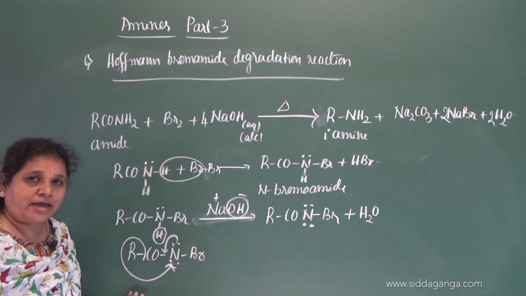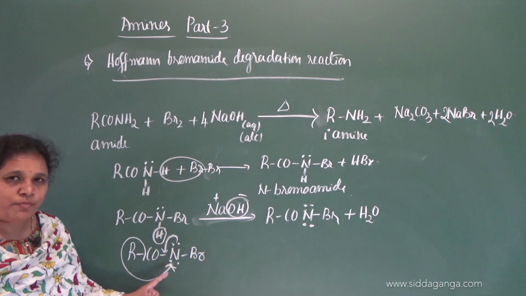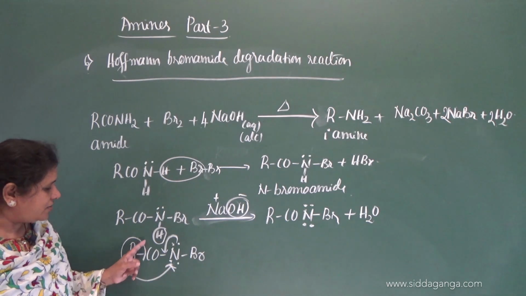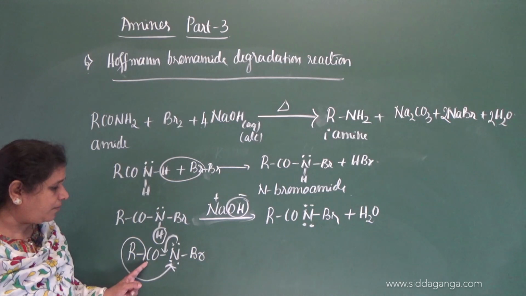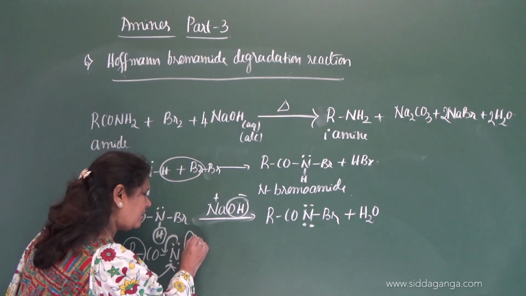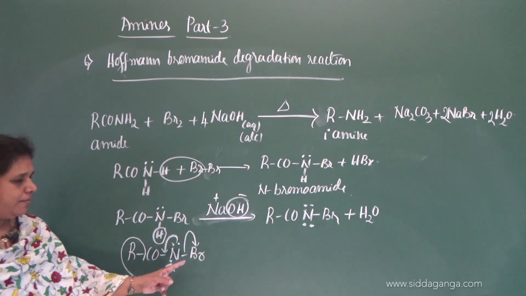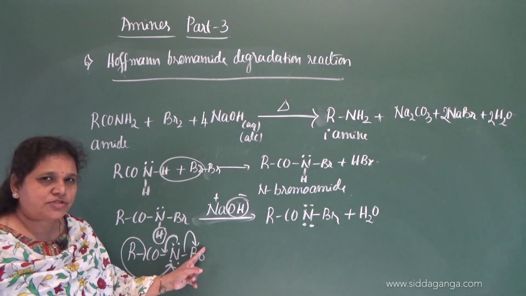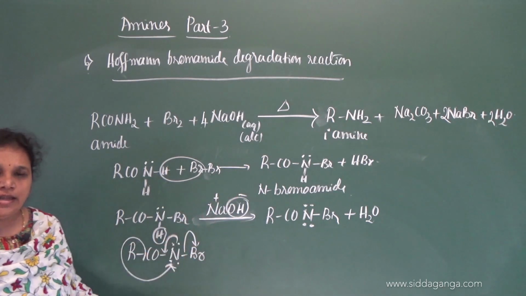Already nitrogen contains two lone pairs of electrons, and the migration of this alkyl group along with the bond takes place from carbonyl carbon to nitrogen, and simultaneous displacement of the bond takes place on the bromine, and bromine gets the negative charge, and this bromine combines with Na plus to give NaBr.